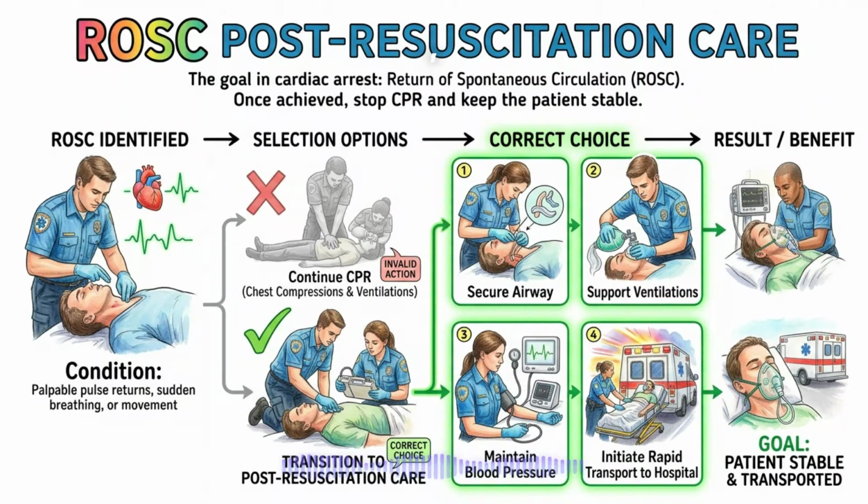Once ROSC is achieved, you must immediately stop CPR and transition into post-resuscitation care, focusing on keeping the patient stable. The exam will test your next steps, which typically include securing the airway, supporting ventilations, maintaining blood pressure, and initiating rapid transport to the hospital.